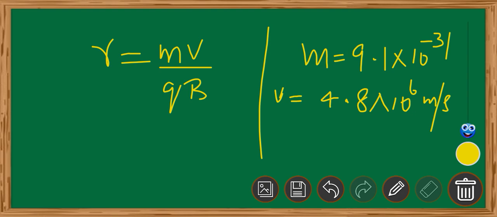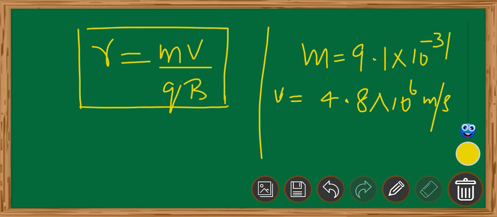That radius, we know, is r = mv/qB. And what is the charge of the electron? Charge of the electron is 1.6 × 10^-19 coulomb.